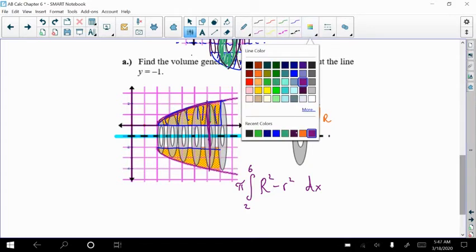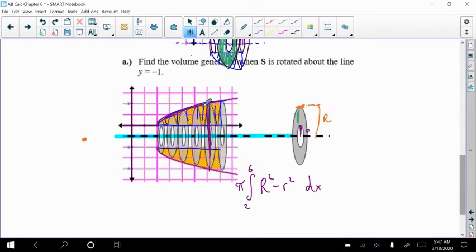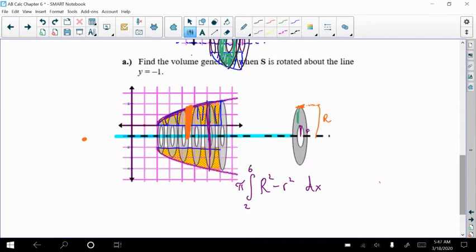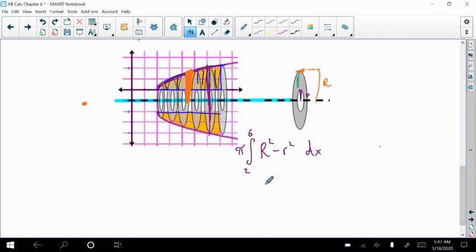Thinking about measuring that distance, from up here to here, that distance is this radius. So the upper boundary is the function, and the lower boundary happens to be y equals -1. If I measure that distance, it's just top minus bottom. So it would be the square root of x minus 2 minus -1, squared.